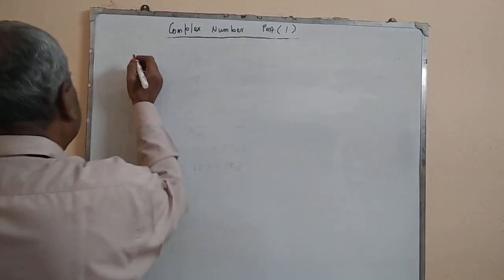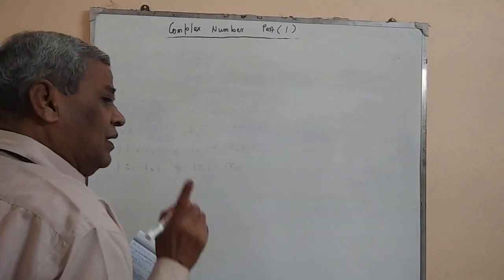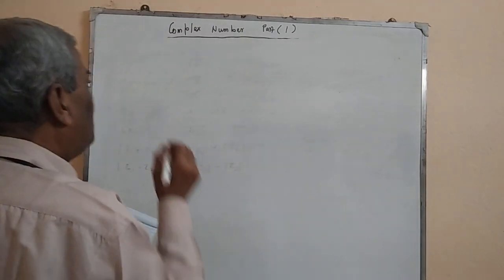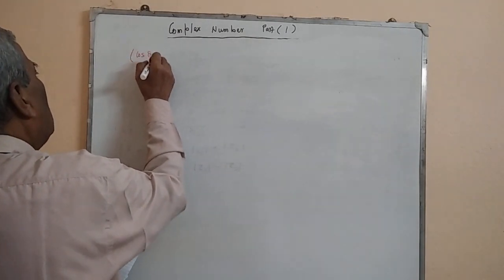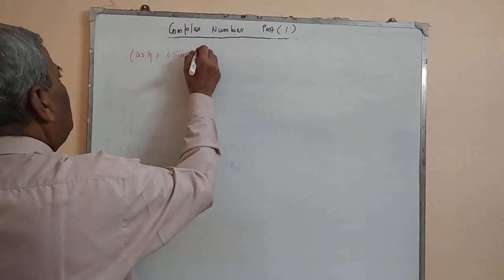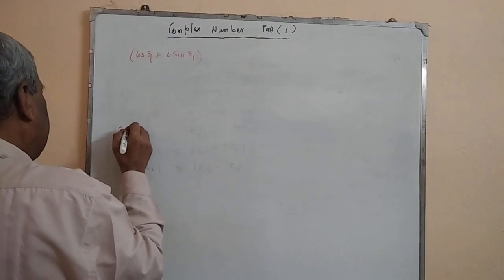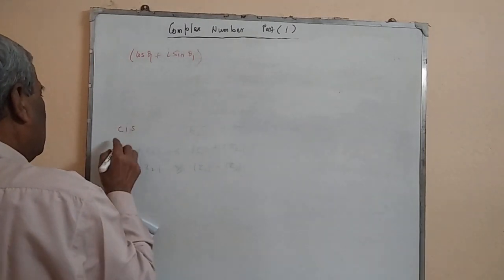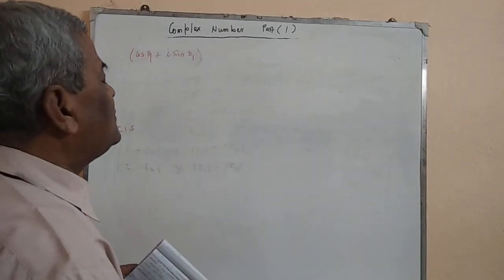So one more useful result is this. Suppose there are n complex numbers of the same form, cos theta 1 plus i sin theta 1. This form is known as cis, where c-i is cos and i, and s is sin.